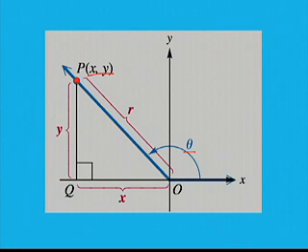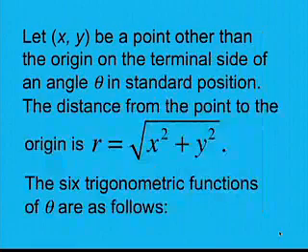And therefore, if we draw this right triangle by dropping a perpendicular, we have the x value and the y value as the 2 legs of our right triangle. We're going to label the hypotenuse as r.